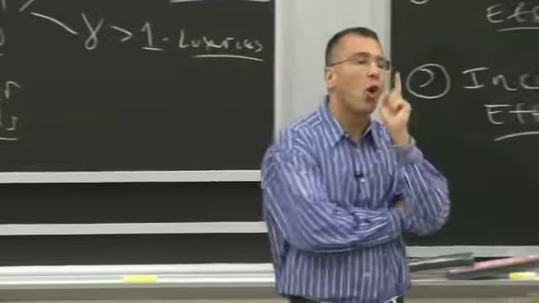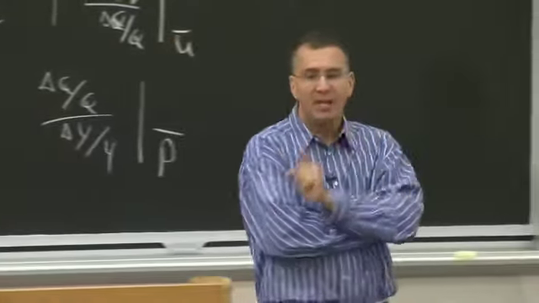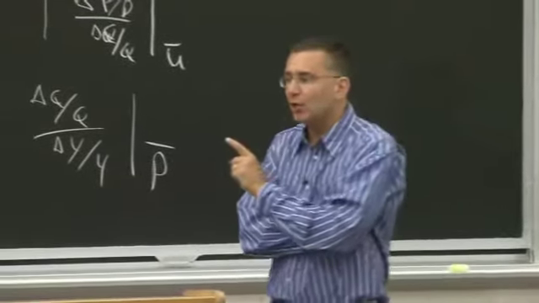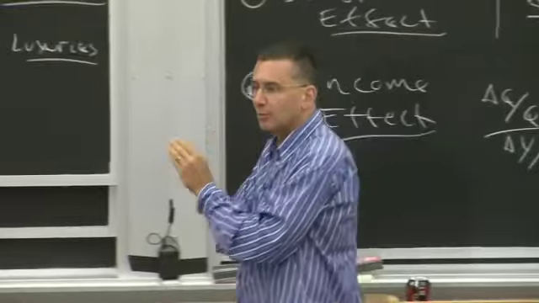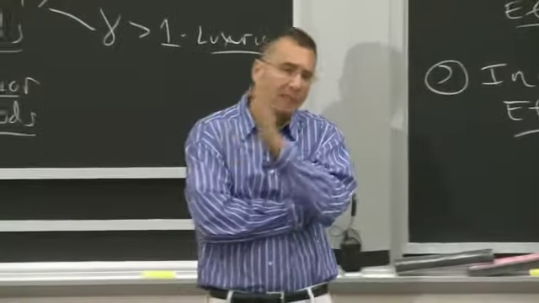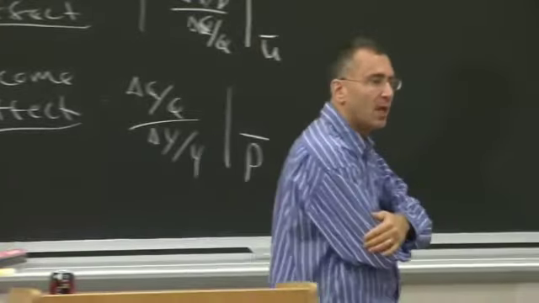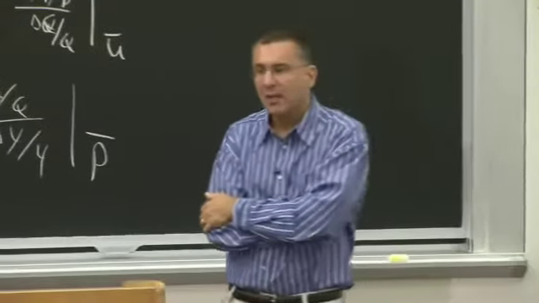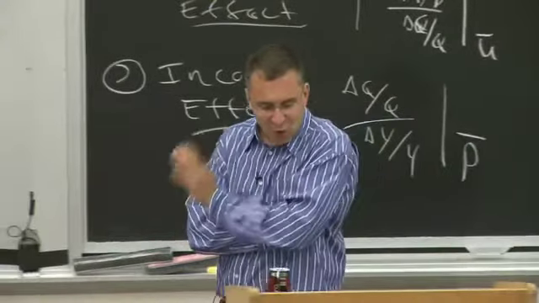Substitution effects are always negative. Holding utility constant, a price increase of a good always shifts you away from that good. Negative, or less than or equal to 0, it could have no effect. But once again, I always talk in inequalities even though they're typically inexact. Okay? So the key is the substitution effect is always negative.